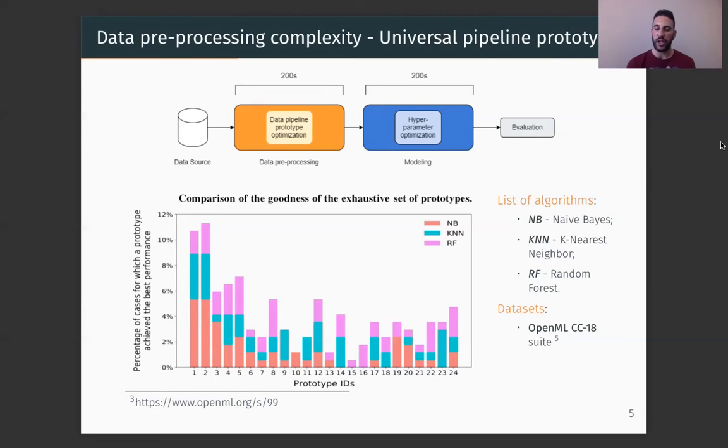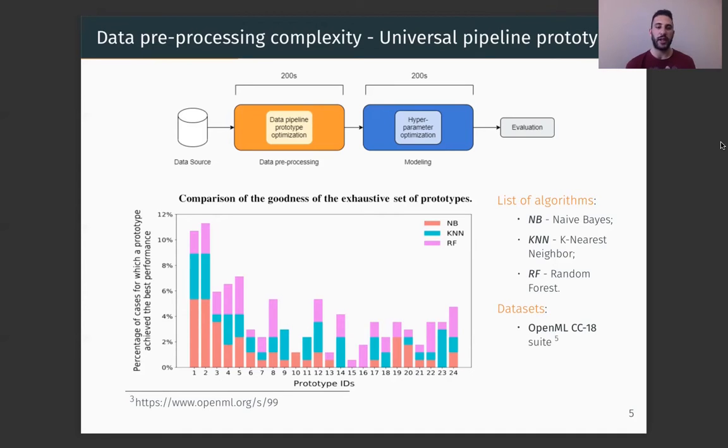So here in this chart, you can see that in the x-axis, you have all the 24 prototypes, and for each of them, the percentage of cases for which it achieved the best performance. You can clearly see two things. Firstly, there is no universal pipeline prototype, therefore a prototype that, if optimized, can achieve always or almost always the best performance.